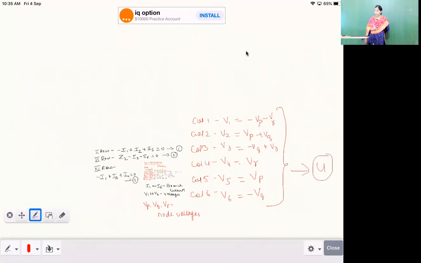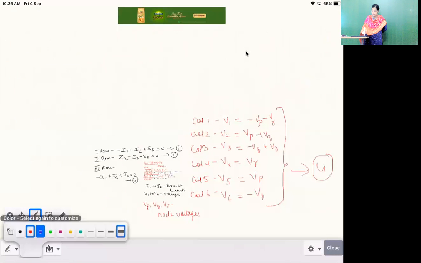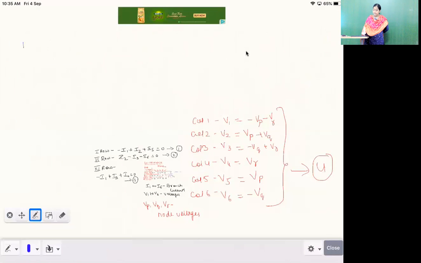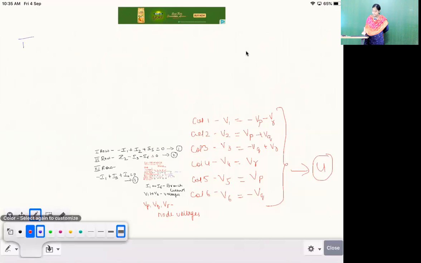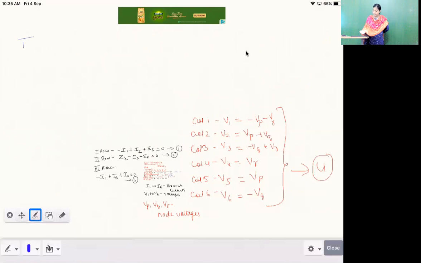Now, according to Ohm's law, we can frame the relationship here. I can write I1 as V1 divided by R1. Similarly, I2 as V2 divided by R2.